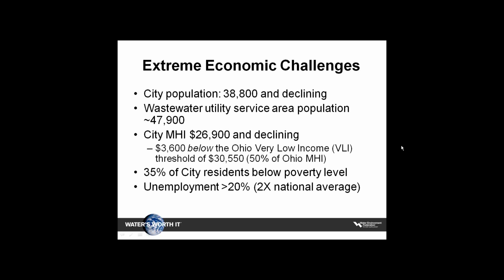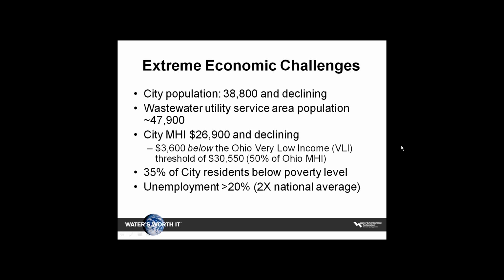And we have a strong outlying area that is serviced by a county sewer system. We have to basically make balance in those areas. Just to go through some of the other numbers here, our median household income is just under $27,000. It has been declining. As an example, the county median household income is right around $40,000.